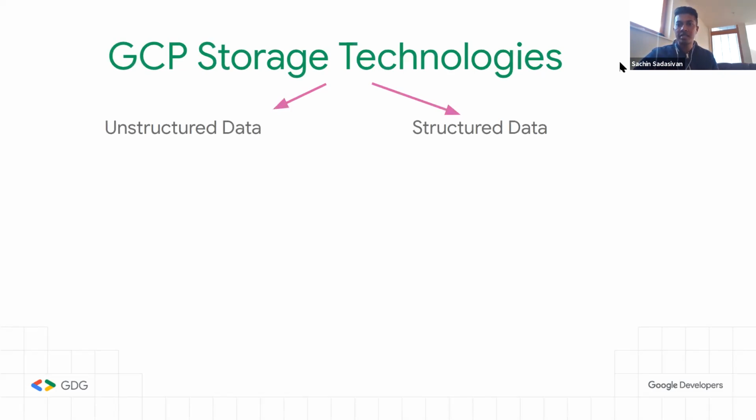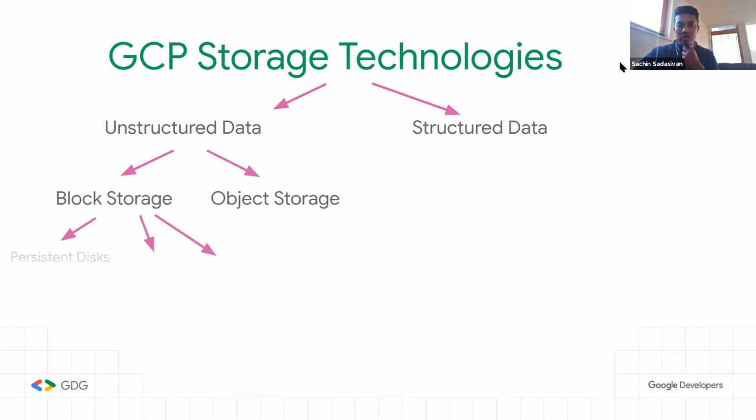First is unstructured and second is structured. In unstructured data, there are two types: block storage and object storage. In block storage, you have persistent disks, just like we discussed previously, local SSDs associated with virtual machines, and you also have random access disks.